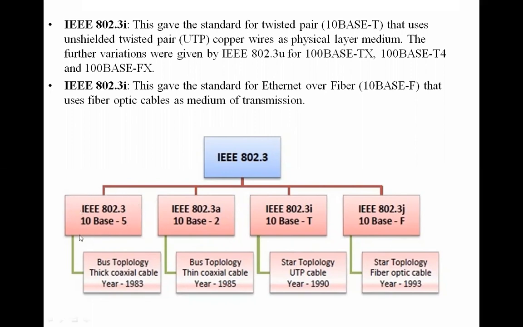Which are those topologies, and what cable did we start using in this? In IEEE 802.3, we are using the bus topology. If you are using bus topology, the coaxial cable is thick.